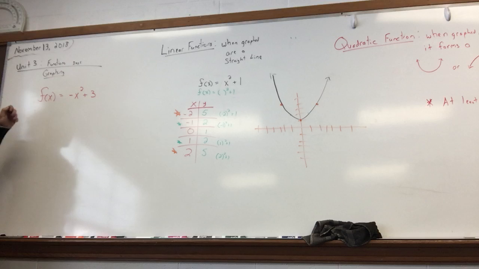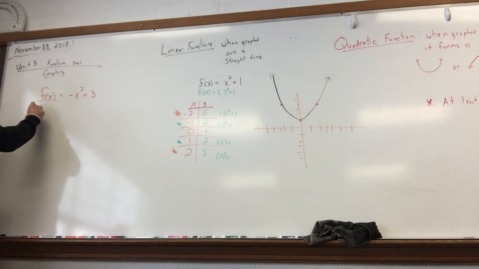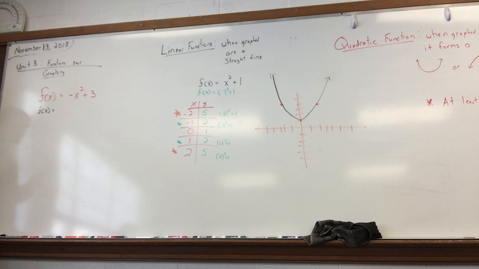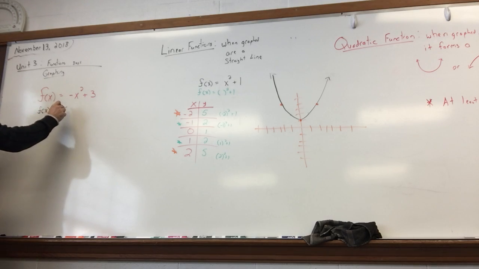If I were to write this with the parenthesis, how would I write this so that I know where I'm substituting it in? Go ahead, Maverick. So f of x equals, I want you to tell me exactly what I'm doing. Negative 1, good.